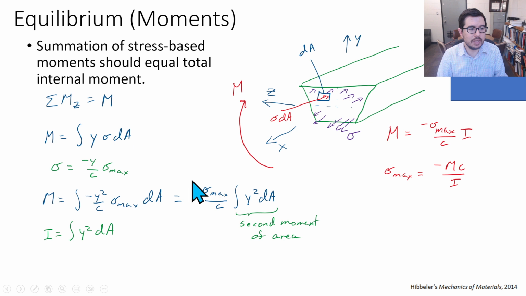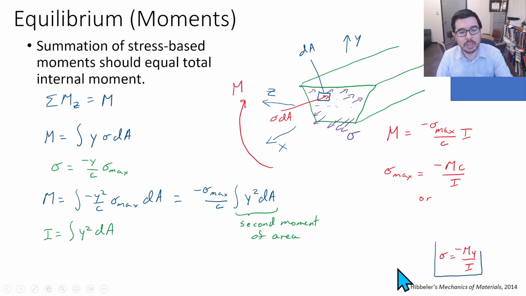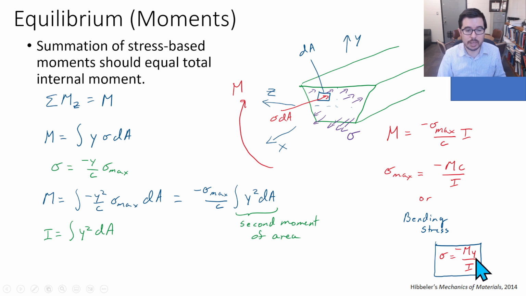We can plug this now back into this equation. When I say this, I mean sigma max into this equation here that has sigma max in it, to then figure out what the bending stress is as a function of a distance from the neutral axis, the internal bending moment, which is also dependent on the applied moments or forces to the system, divided by the second moment of area.